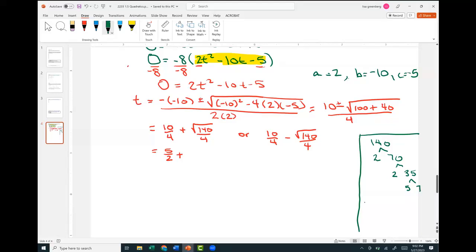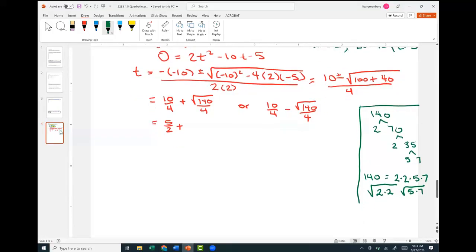So 140 is equal to 2 times 2 times 5 times 7. And if I want to take the square root of that, I can say this is the same as the square root of 2 times 2 times the square root of 5 times 7. The square root of 2 times 2 is the square root of 4, which is 2, times the square root of 35. Okay? So now I know that the square root of 140 is 2 times the square root of 35.